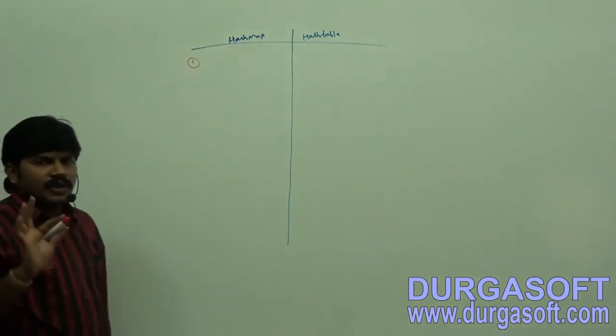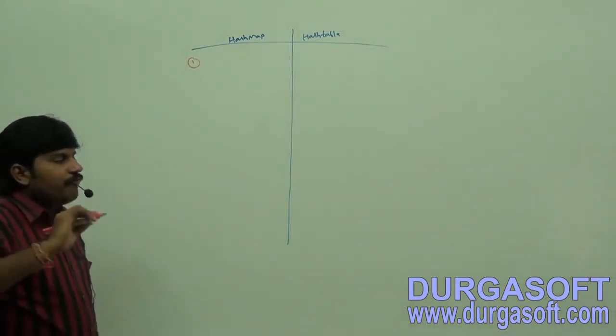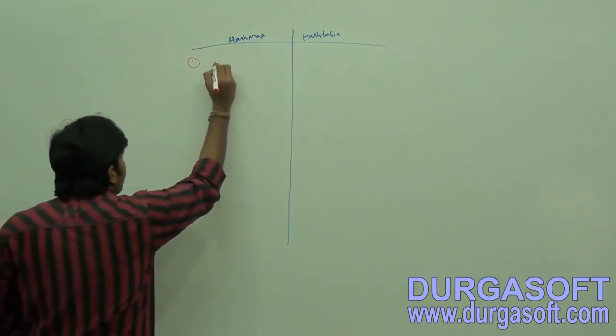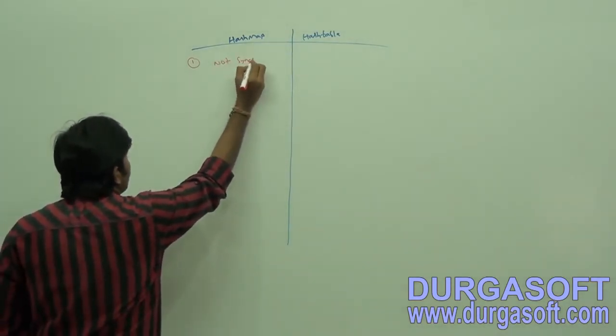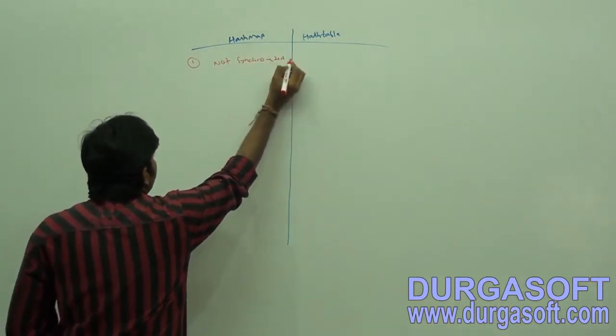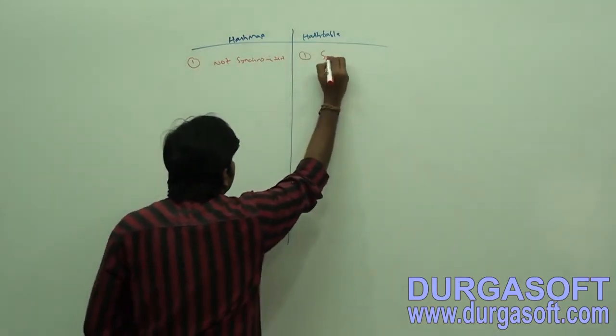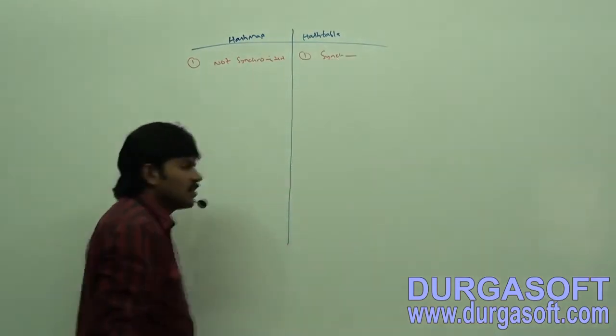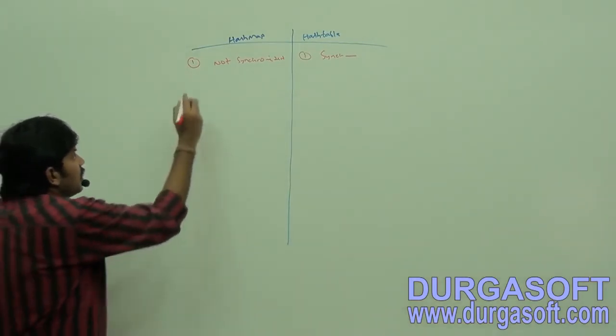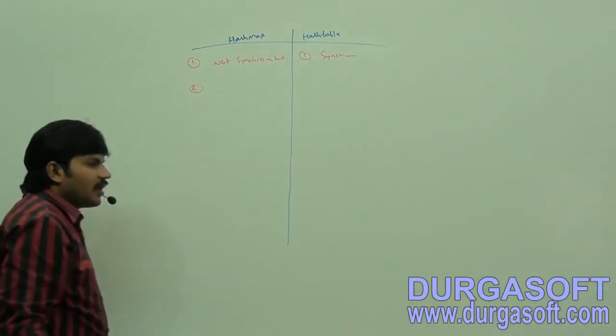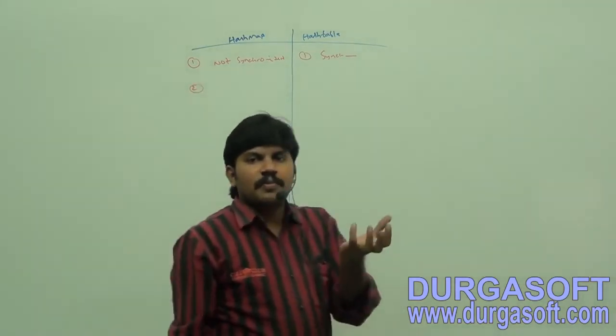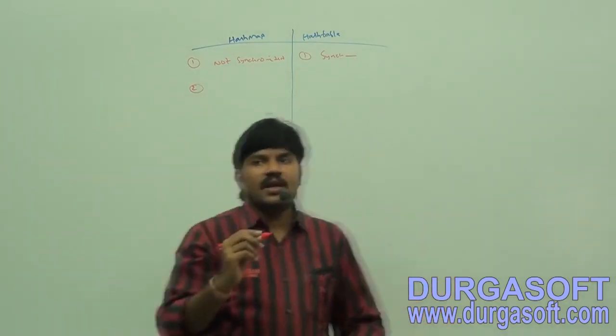So if it is a HashMap, every method present in HashMap is not synchronized. But every method present in Hashtable is synchronized. At a time on the HashMap object, multiple threads are allowed to operate.